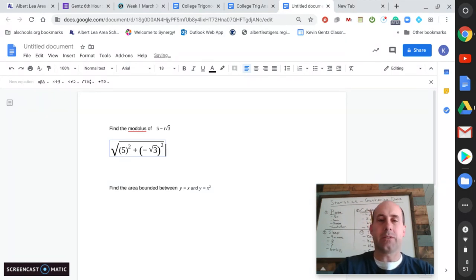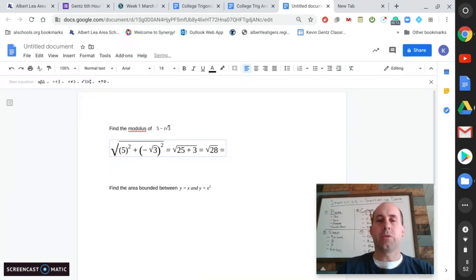That's equal to, and obviously I'm showing all of my work here. If you can't get something, I skip something I understand. So that's equal to then the square root of 5 squared is 25 plus negative root of 3 squared is 3. That's going to be equal to the square root of 28.